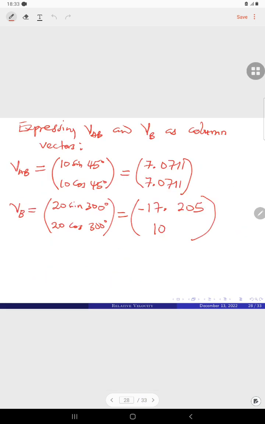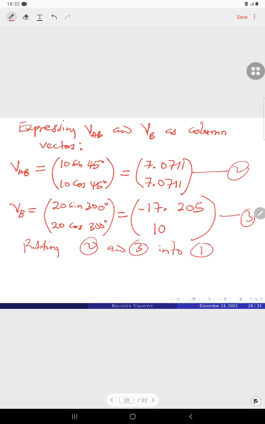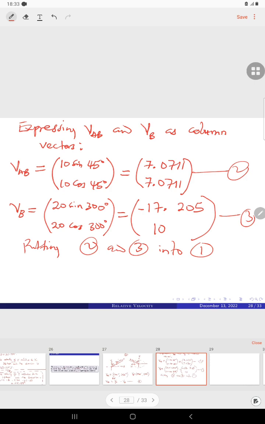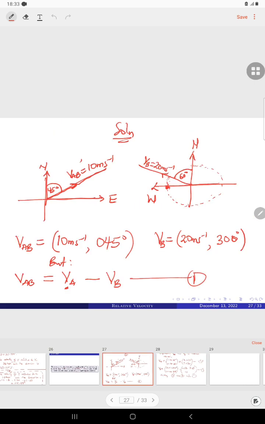Let me call this 2. Let me call this 3. So let us put in 2 and 3 into equation 1. And what do we get? Check it. 2 and 3 are here. This is equation 1.